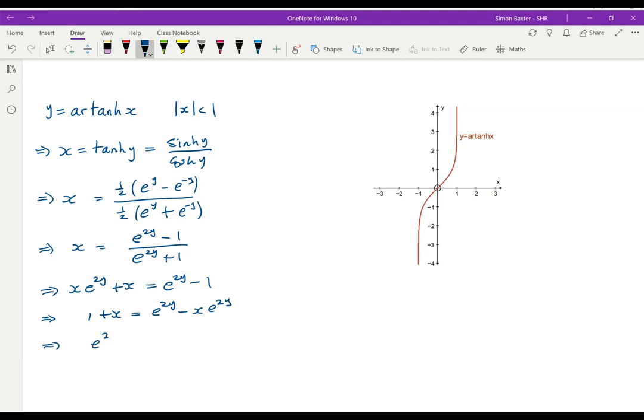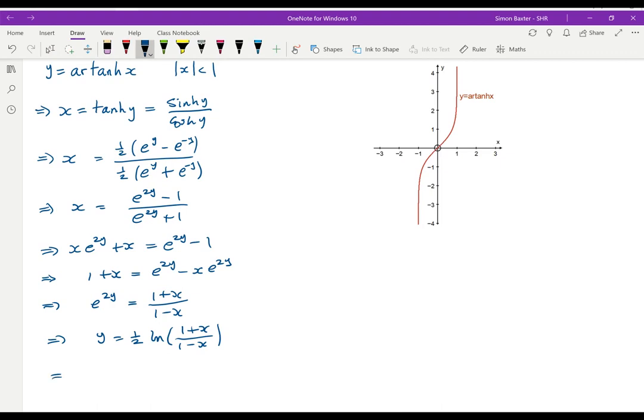That will give us that e to the 2y is 1 plus x over 1 minus x. Take logs and divide by 2. So that gives us that artanh x is equal to a half log of 1 plus x over 1 minus x. And that is true when mod x is less than 1.